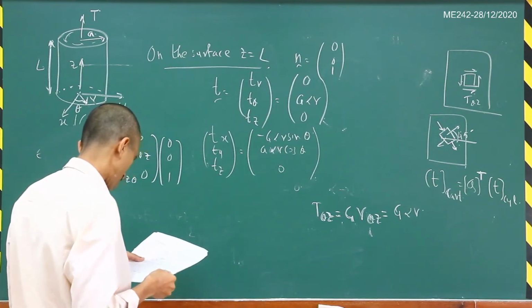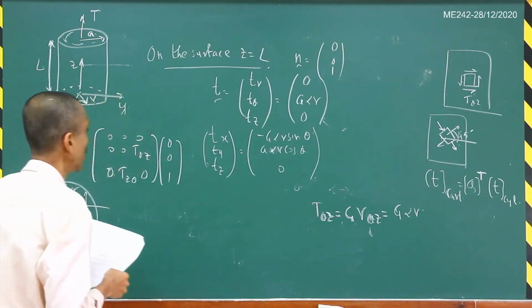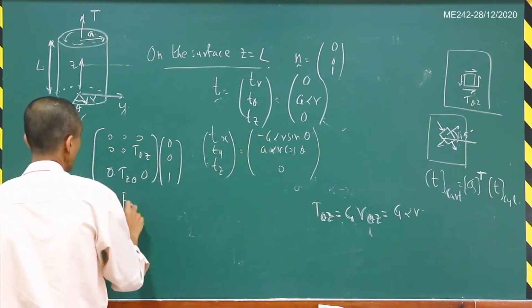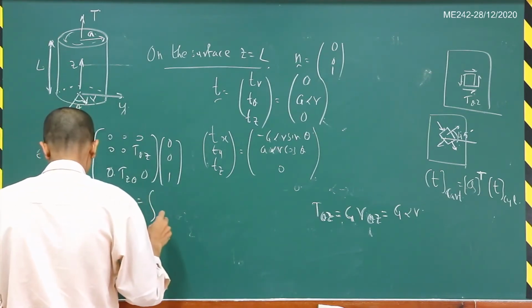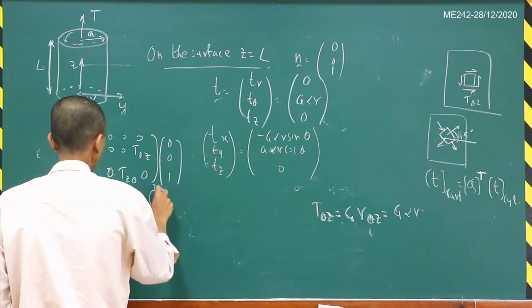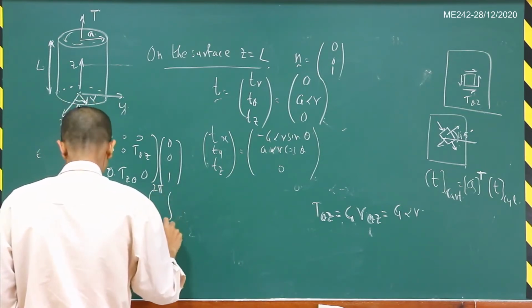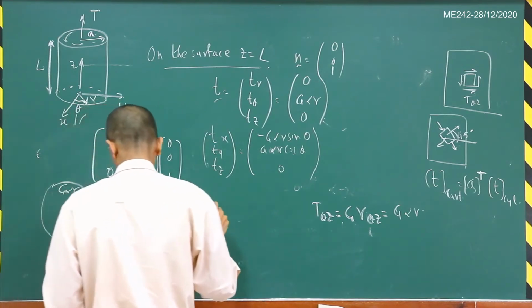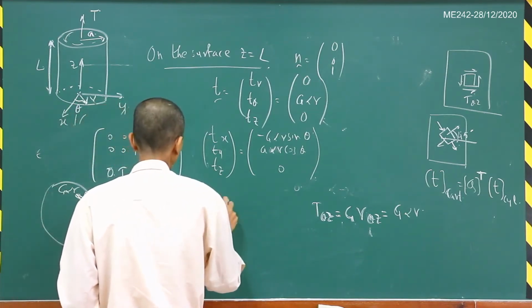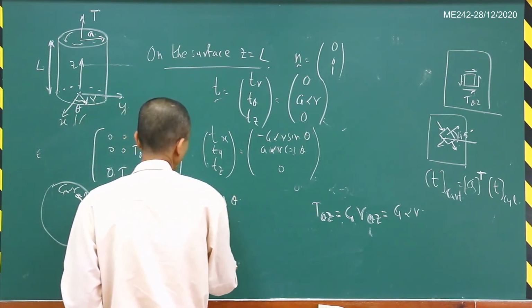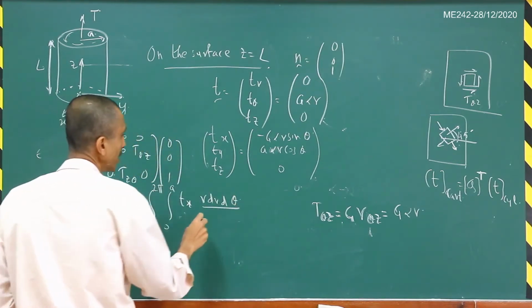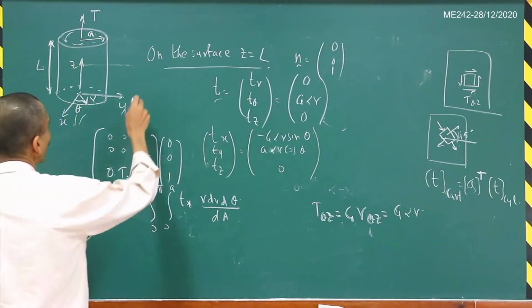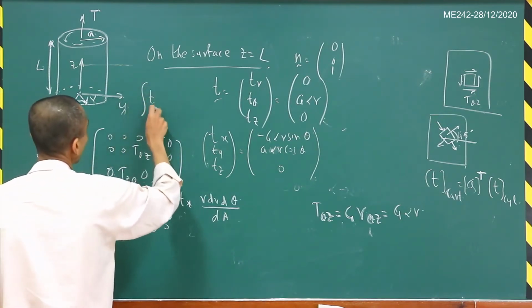Fine. Now we can find out what is the total force along the x direction. So F_x is equal to the integral from 0 to 2 pi, and 0 to a, of t_x times r dr d theta. So this r dr d theta is dA. If you recall, our force is just the integral of t times dS.